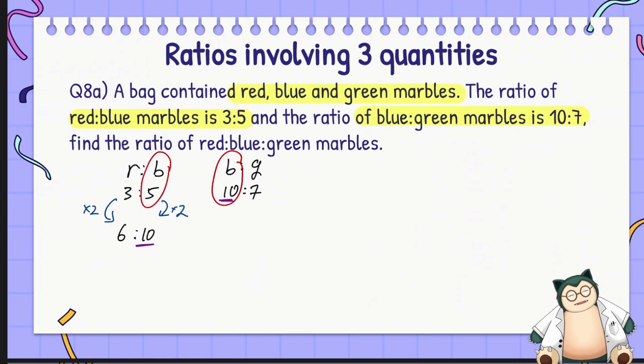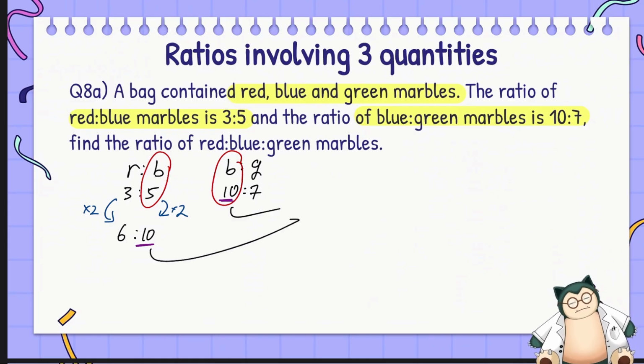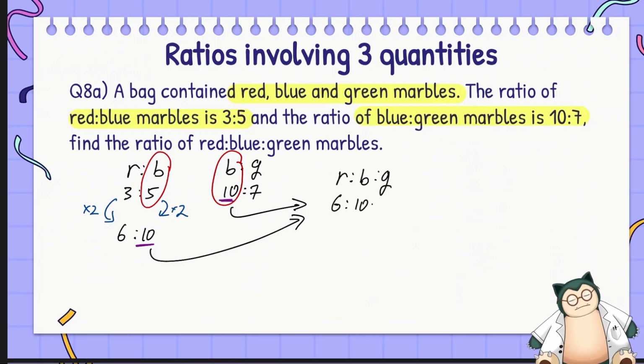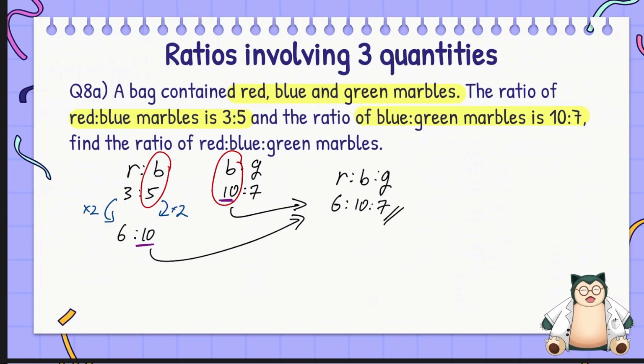So we can now join them together to get red to blue to green, a ratio of 6:10:7. And notice that we can no longer simplify this any further, because 7 is a prime number, and this is our simplest ratio.